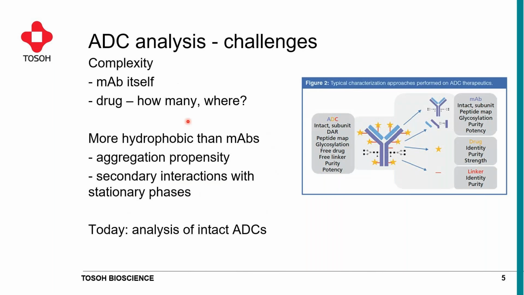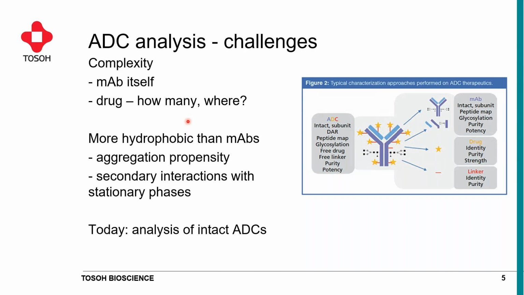Now, another additional challenge to the analysis of ADCs is that the chemotherapeutic part, which typically is a hydrophobic modification, makes the whole molecule more hydrophobic. On the one hand, this leads to a higher aggregation propensity.